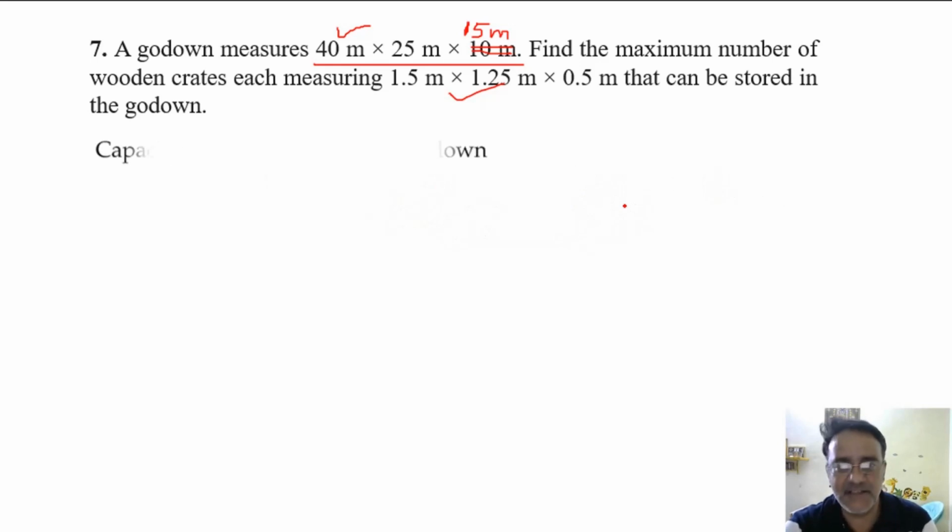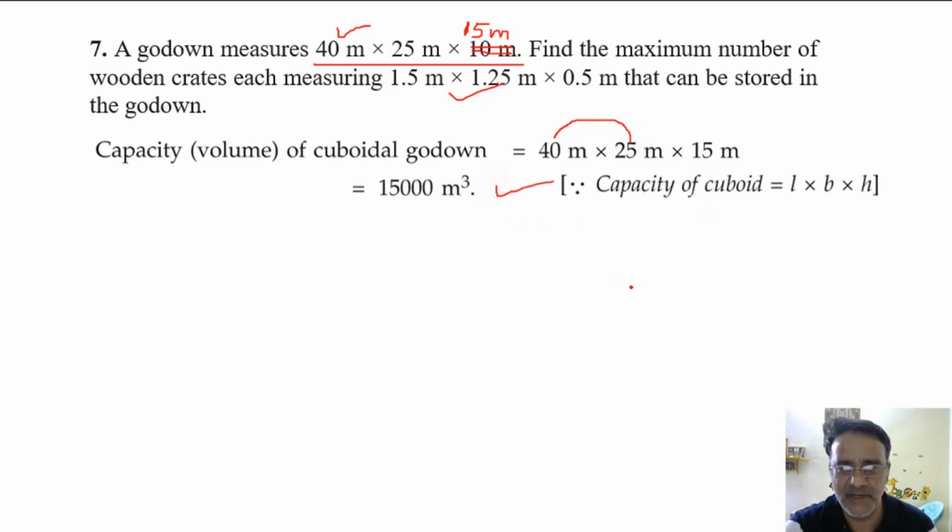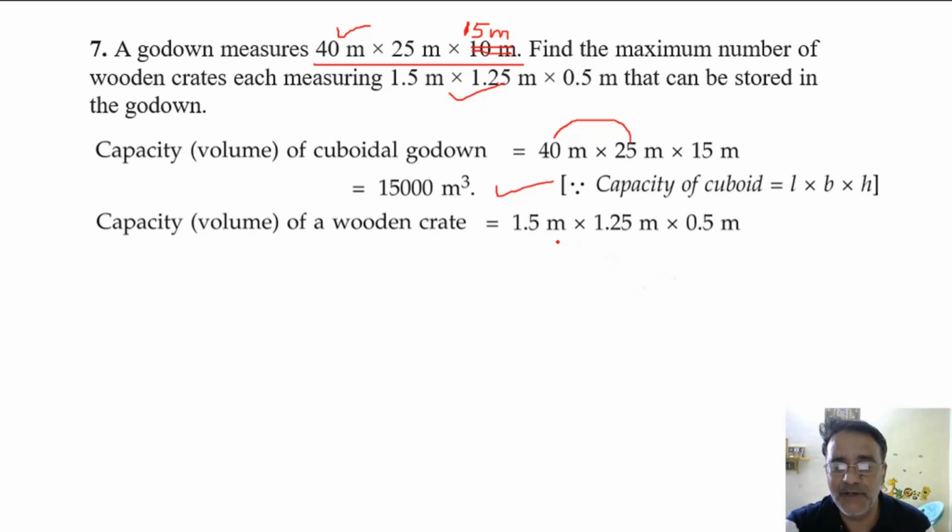Right, so let us start with the volume of the cuboidal godown, 40 into 25 into 15. So see, this is 1000 into 15, 15,000 meter cube. Now the volume of one wooden crate, 1.5 meter into 1.25 meter into 0.5 meter.